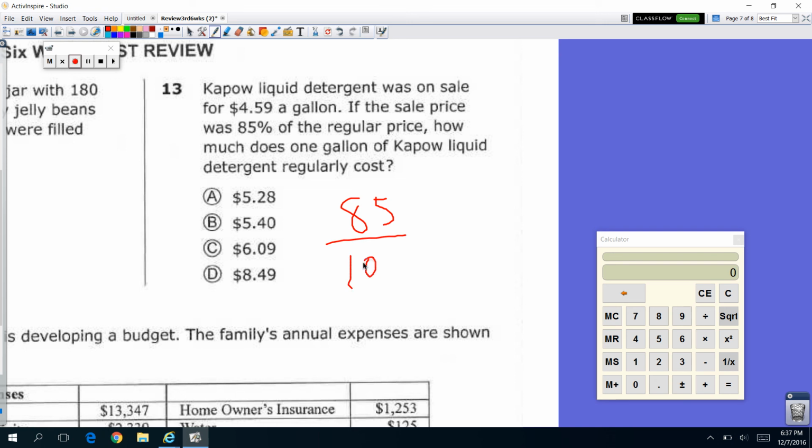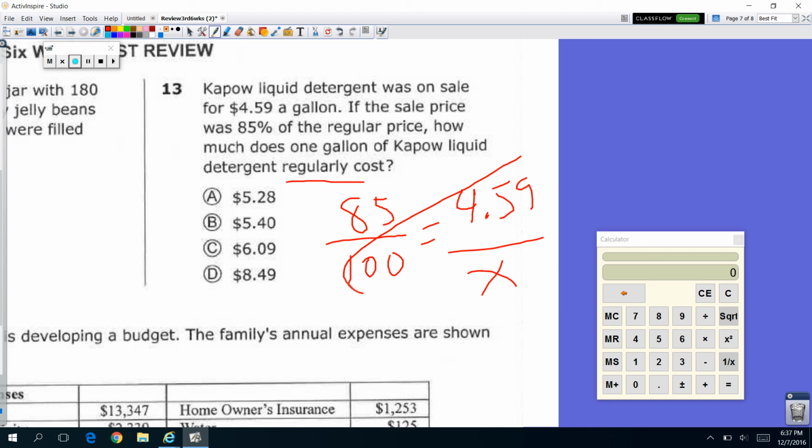85 out of 100, 85%, and that equals $4.59. See, we need to find out the regular price. So what is it normally? What's 100% of that? Same thing that we did with number 12. Now we can multiply those two numbers. I don't even need a calculator, because when I multiply times 100, it's just rolling this number 2 times.